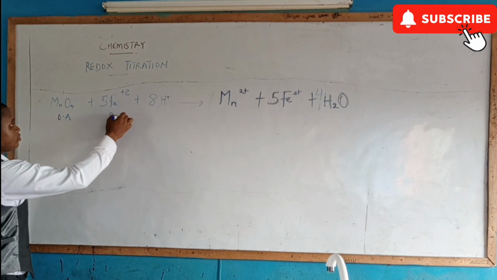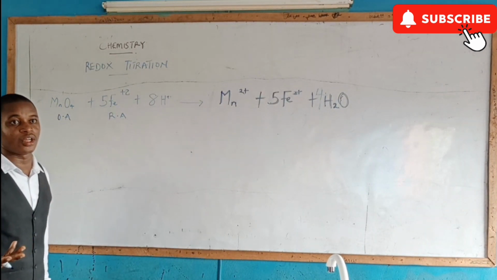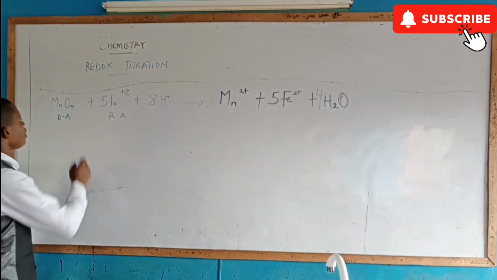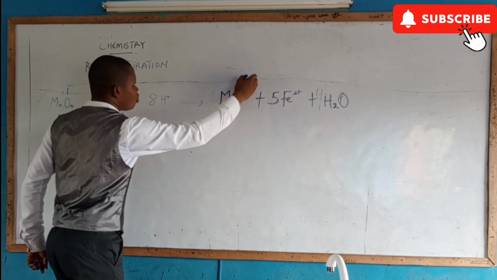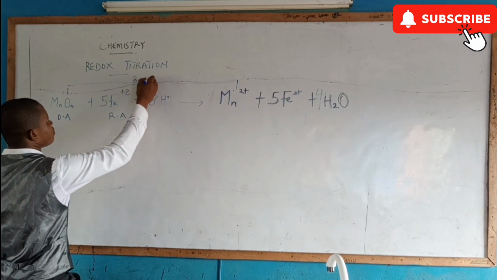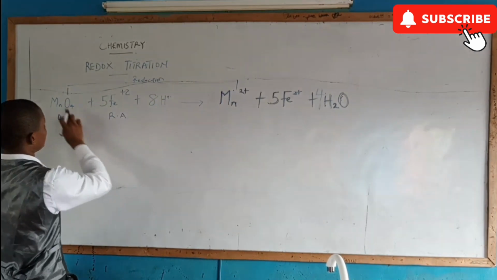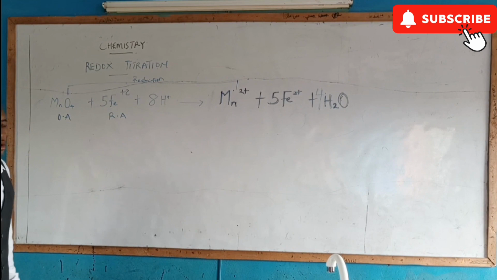reducing agent. As we all know from the basis of redox reaction, oxidizing agents will undergo reduction, and that's why I have my line drawn from this side to this side. And why is it reduction?